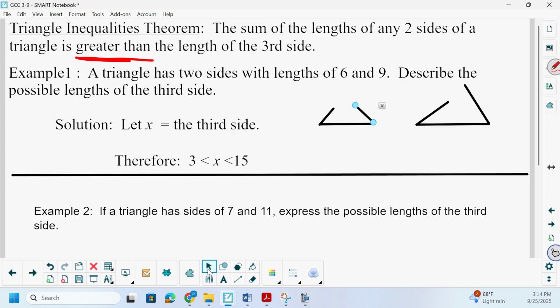So what I'm going to do is I'm going to kind of swing this side trying to keep it the same length. These are like all the different angle measures that we could have over on this side for the triangle. If I do the same thing over here, if I kind of swing that back and forth, notice there is no way for these sides, if I kept them the same length that they currently are, to meet up and form a triangle.